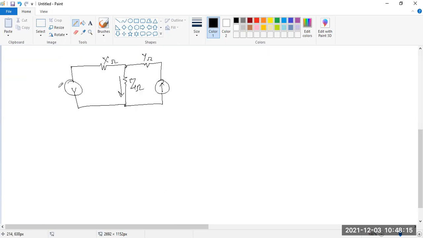It means when only each source is present. So you have to find out with only this voltage source present and nothing else, means only this voltage is there.